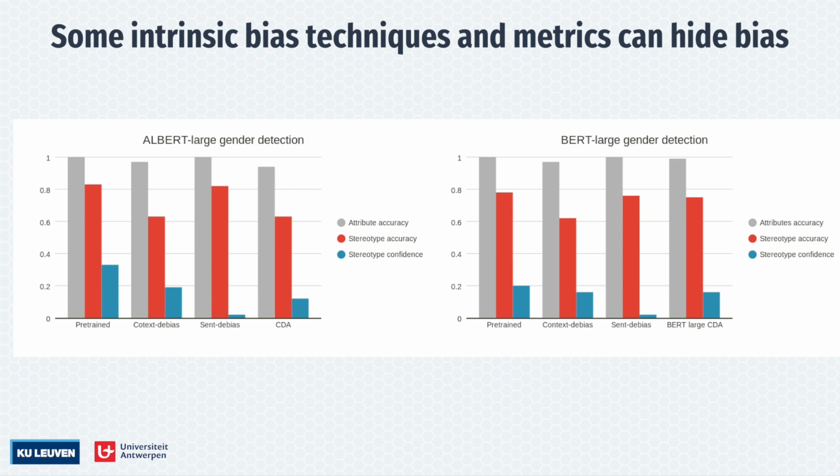This shows that even though certain evaluation metrics such as the log probability bias score tell us bias drops significantly when mitigated using Sent-Debias, these biases can still be uncovered to a high level of accuracy. However, we note that the confidence of these predictions drops, which shows that when it comes to the probability of predictions, the model struggles when debiasing techniques are applied. But again, we can uncover these biases to a high level of accuracy.